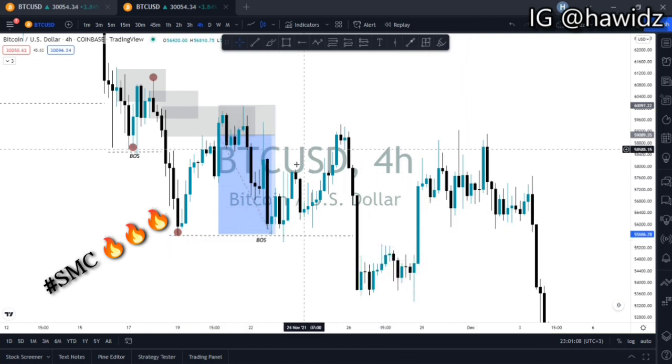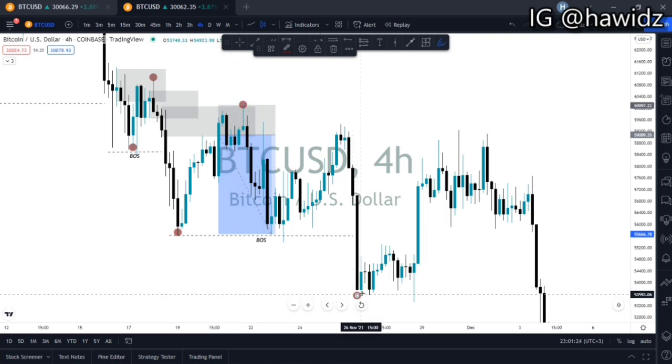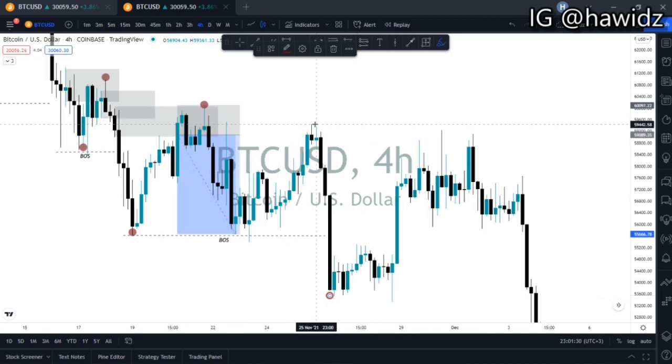So this was just the pullback, right? So this overall was its pullback, and now we have a lower high, a lower low, a lower high, a lower low, a lower high. Now we have what? A lower low right there. And where's our lower high supposed to be, right?